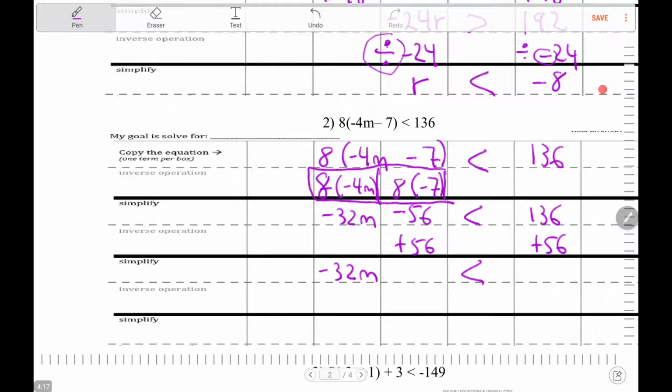And what is this? 136 plus 56 is 186 plus 6 is 192. It's 192, so we're going to have to divide by -32. Divided by -32.